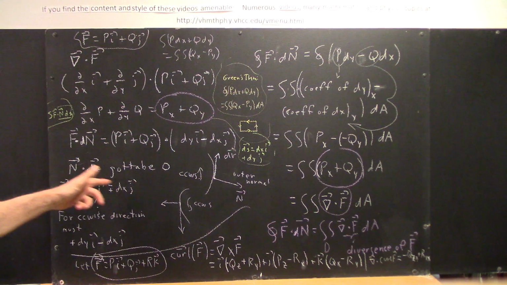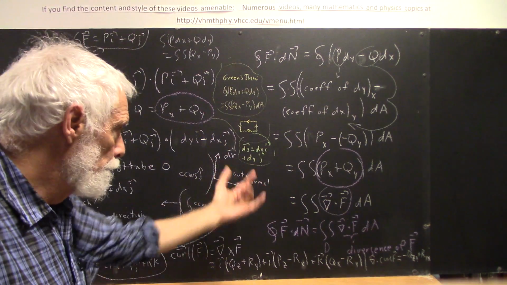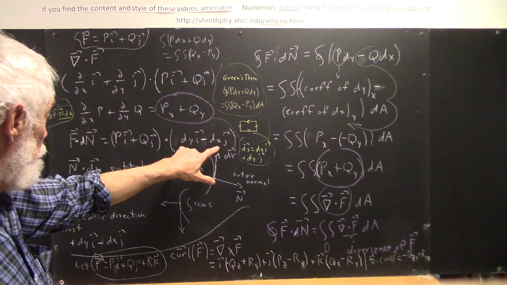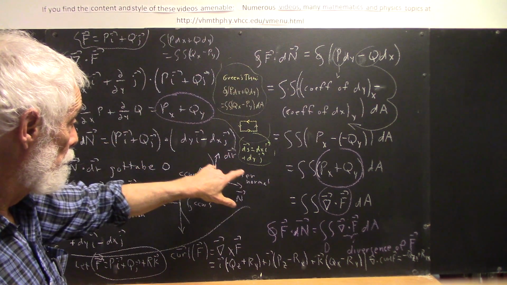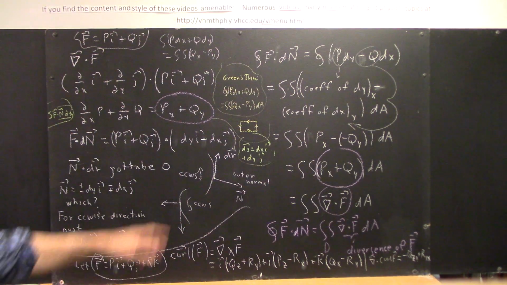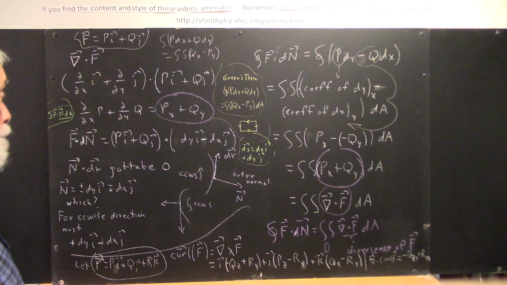And here I say n dot dr has to be 0. Another reason we see that we can reverse our coordinates and make one of them negative: clearly our dn here is perpendicular to our ds here. We're going to get a dy dx minus dx dy, that's going to give us 0.